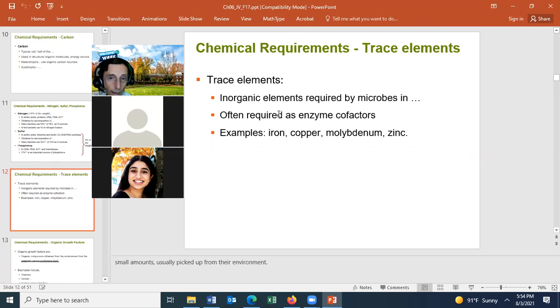They're often required as an enzyme cofactor, like I think magnesium helps out as a cofactor in aerobic respiration. And here's a few other trace elements: iron, copper, zinc, how do you say that one? Molybdenum.